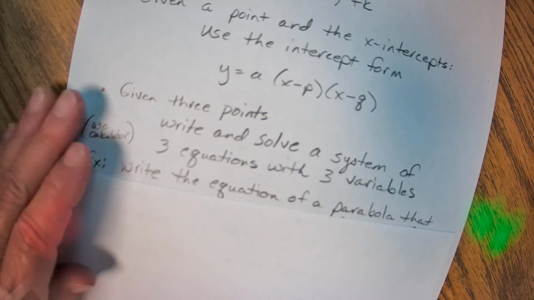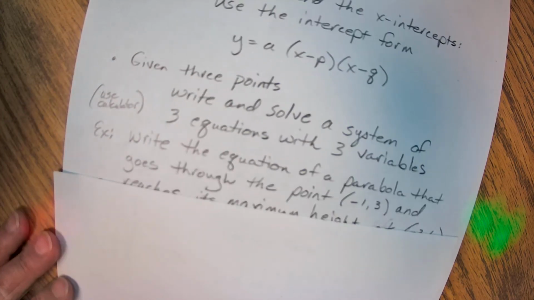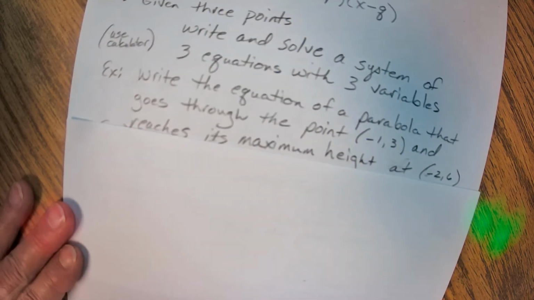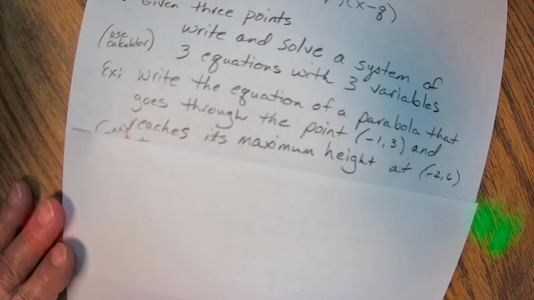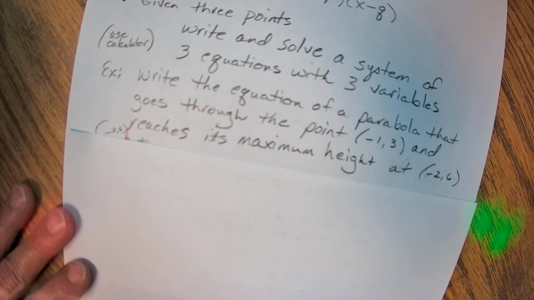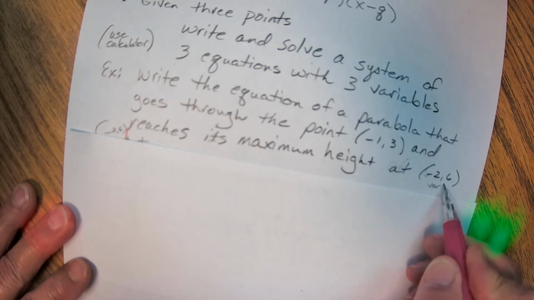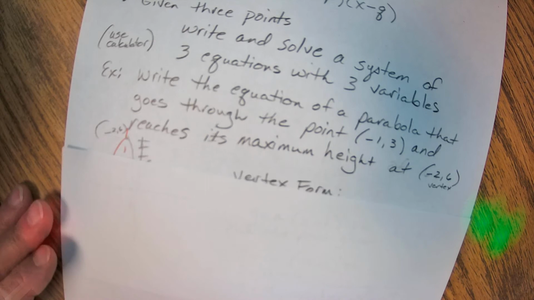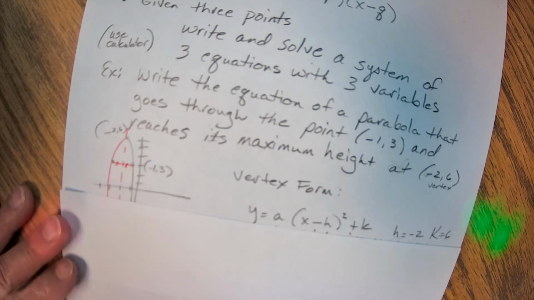Okay, so let's see an example. I want to write the equation of a parabola that goes through the point (-1, 3) and reaches its maximum height at (-2, 6). Okay, so I know that's the vertex, and I'm going to use the vertex form of the equation of a parabola.